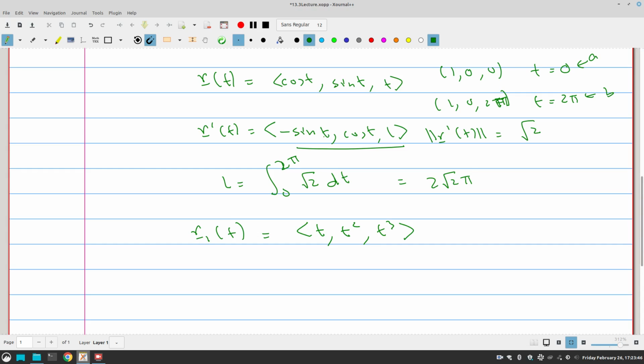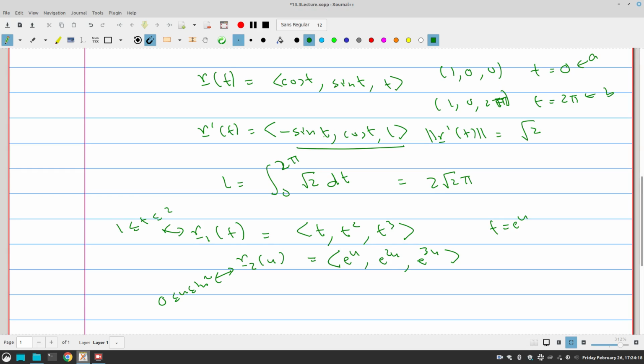In terms of another variable u, let's say that t is equal to e to the u. This can be parameterized as <e to the u, e to the twice u, e to the thrice u>. The original is between t = 1 and 2, and the new one is between u = 0 and ln 2.